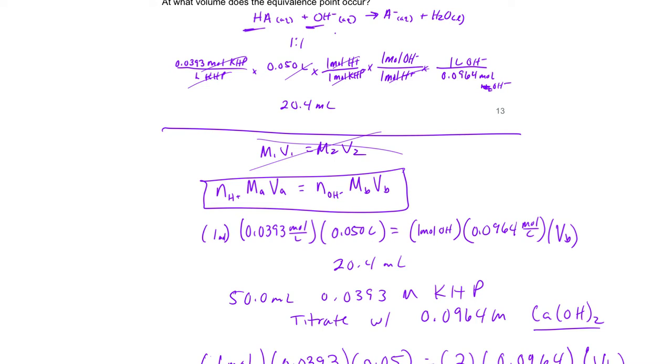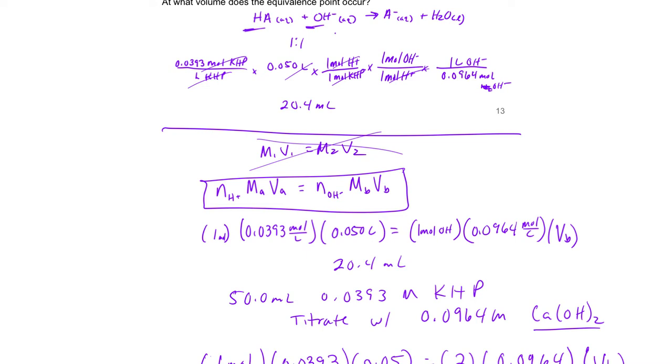So what we tend to see is that if people are using this M1V1 style equation, if you don't recall using the moles, or you don't account for the fact that for every one calcium hydroxide you get 2 hydroxides, then you make a mistake, and it's an easy mistake to make.